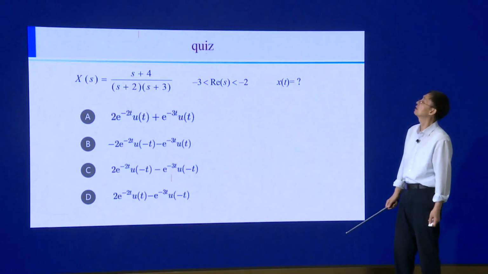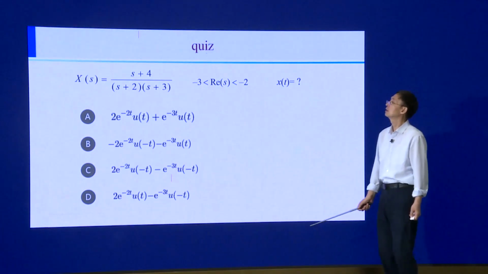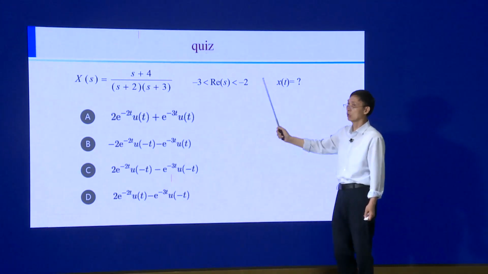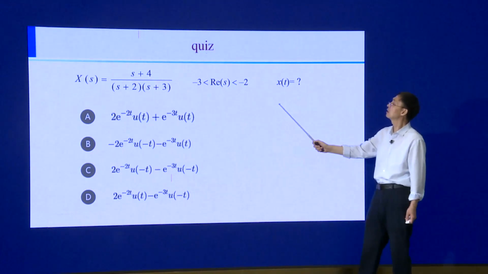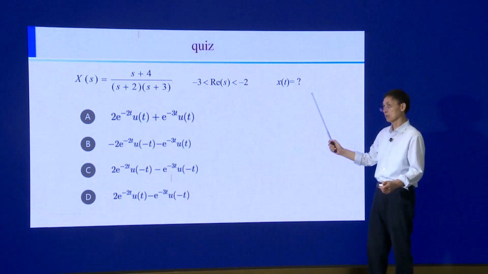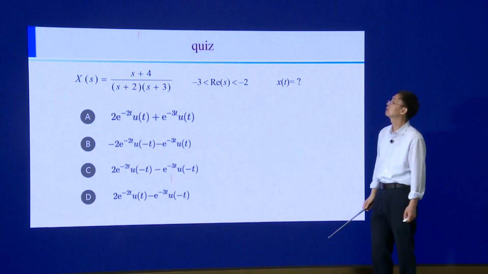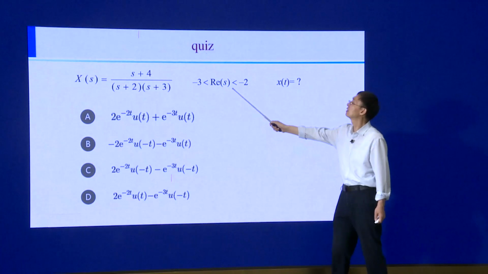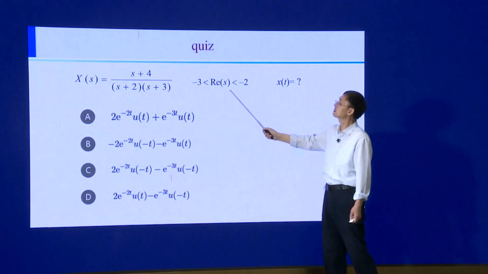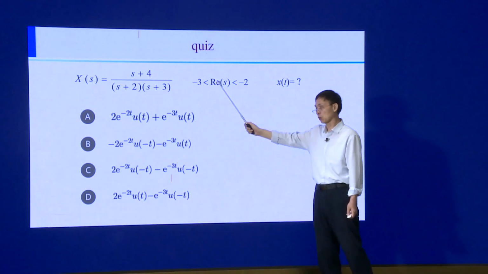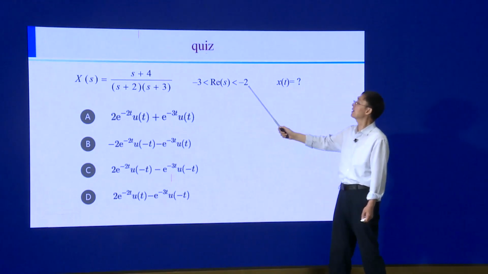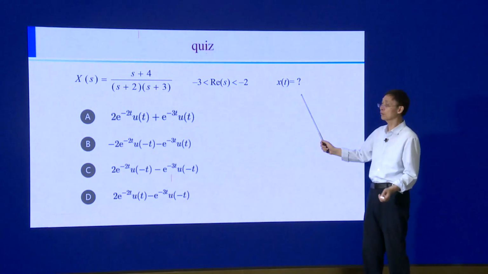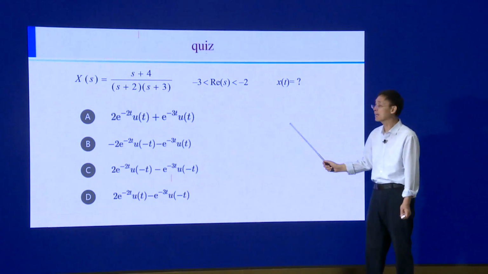Here is a quiz. According to X of S and its region of convergence, find its x of t. Because its region is the real part of S greater than -3 and less than -2, the signal x of t should be a two-sided signal.